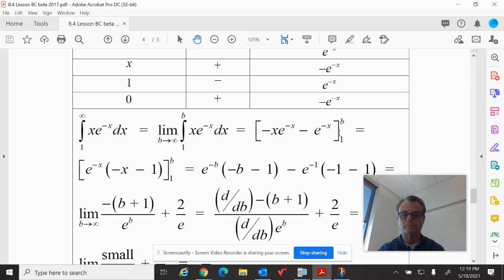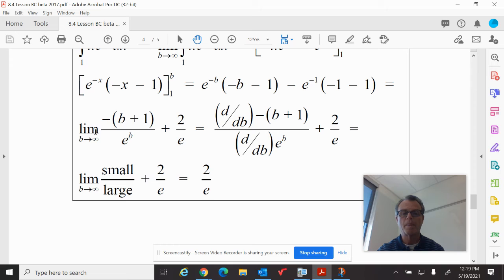So then what? We put a b in there for x, subtract, put a 1 in there, and we end up here. And I know I'm going fast at this, but you can slow this down and go over the PDF at your own pace. And we end up with this. Ready? This is e to the negative b, which I wrote as e to the b in the denominator. There's your numerator. I took a negative 1 out of the parentheses. And this is e to the negative 1 in the denominator.